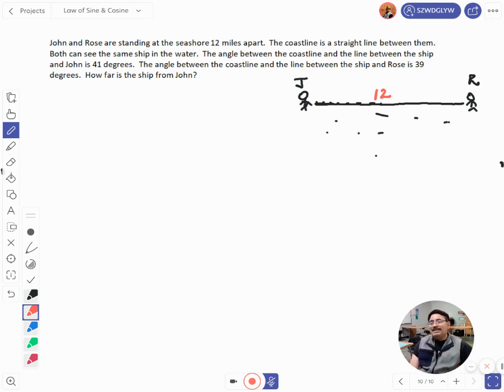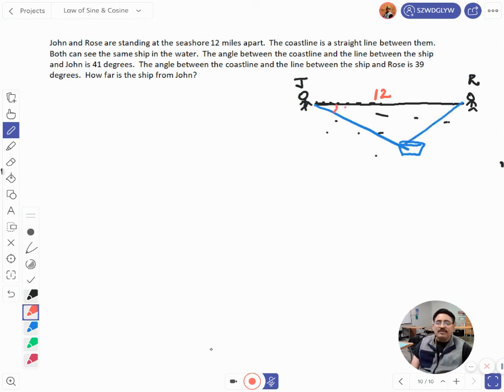Both can see the same ship in water. So let me draw a ship somewhere here. It looks like a small boat, but please excuse me. Let's assume that this is a ship. The angle between the coastline and the line between the ship and John is 41 degrees.